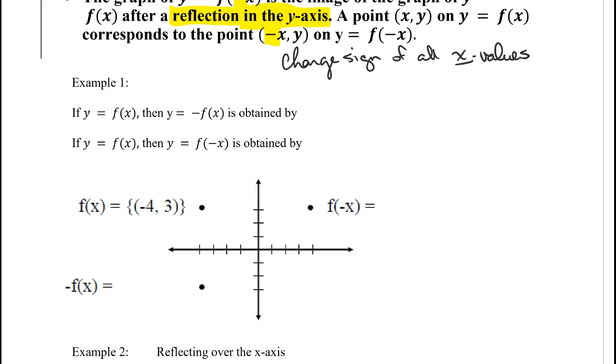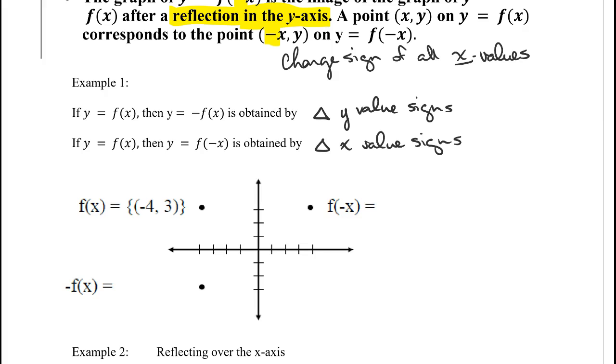In example 1, we see if y equals f(x), then y equals negative f(x) is obtained by, and again, that's just what we've written up here, we change our y signs, and we change our x value signs if we're reflecting in that.